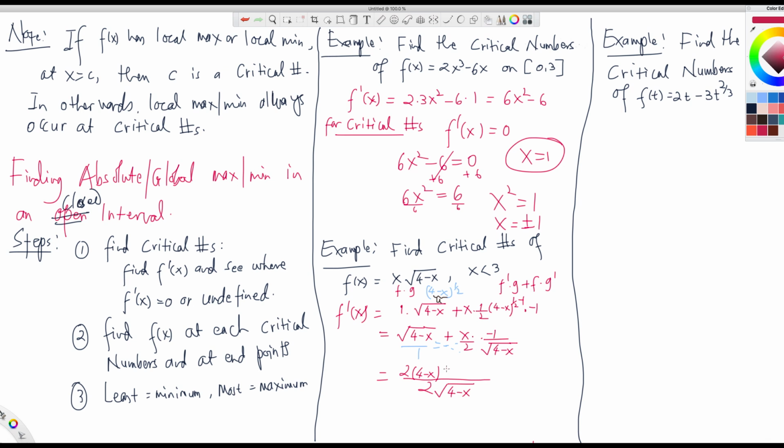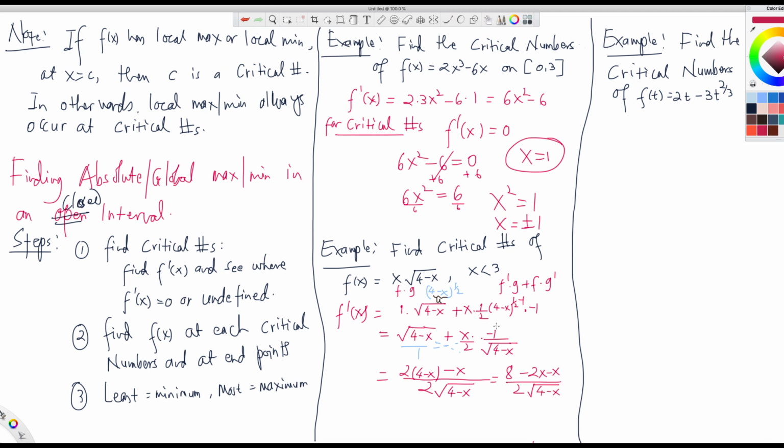You see that? That's what you get. And then plus 1 times x times negative 1 will be negative x. So if you simplify that, what do you get? 8 minus 2x, and then minus x, over 2 root under 4 minus x.